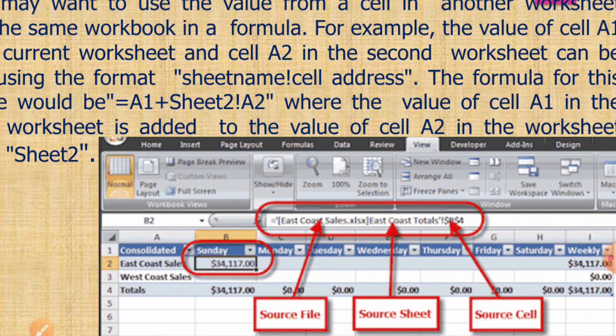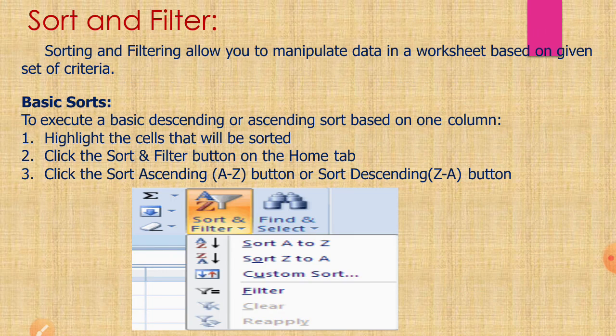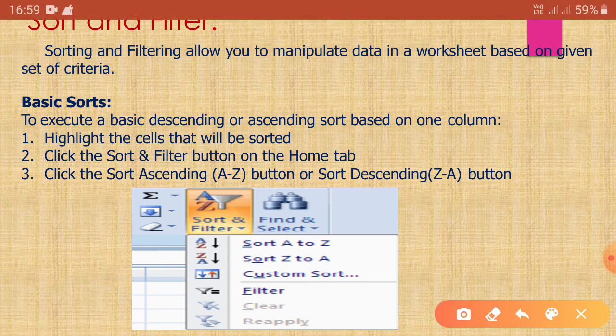Okay, go to the next slide. Now the option is sort and filter. Sorting and filtering allows you to manipulate data in a worksheet based on a given set of criteria. So this option gives you the facility to sort or filter the data.